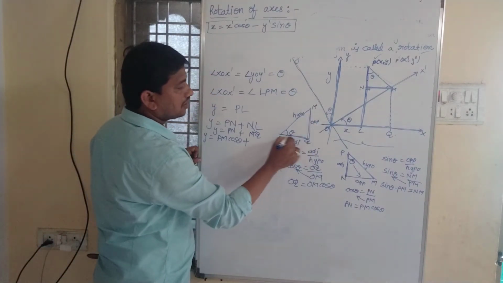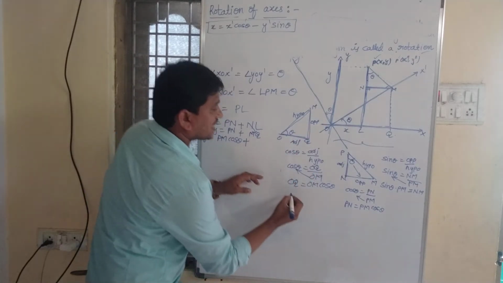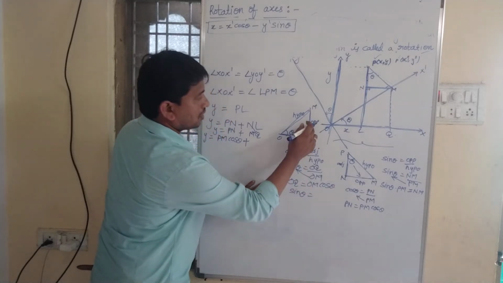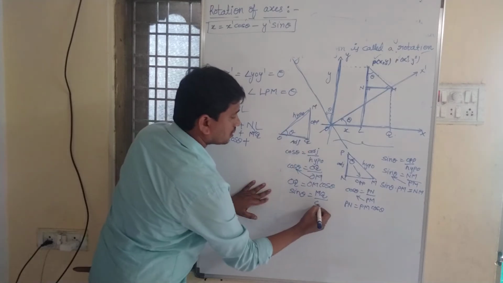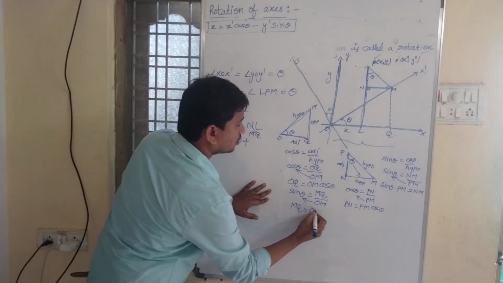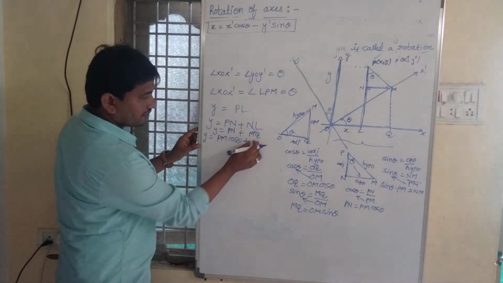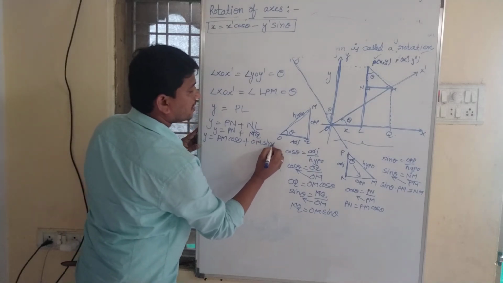If you consider this triangle, this will be the opposite, so I can use the sine ratio. Sine theta means opposite by hypotenuse, that is OM. By cross multiplication, MQ equals OM sin theta. So in place of MQ, I can write OM sin theta.